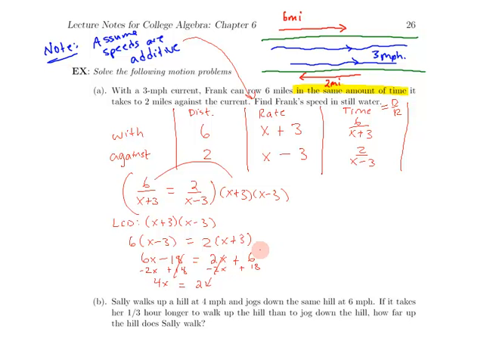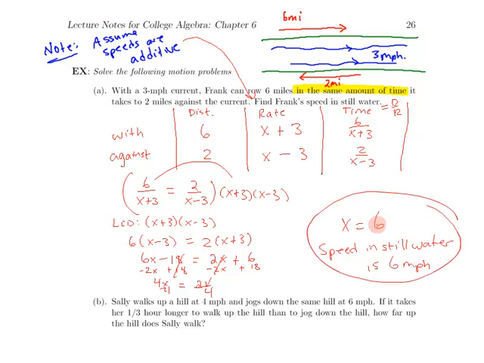Okay. Now divide both sides by 4. 24 divided by 4 is 6. So his speed in still water is 6 miles per hour. Okay? There's your final answer.